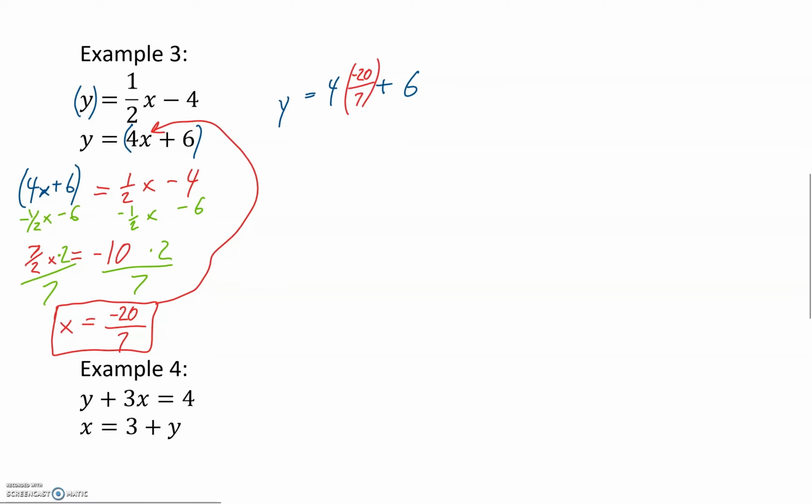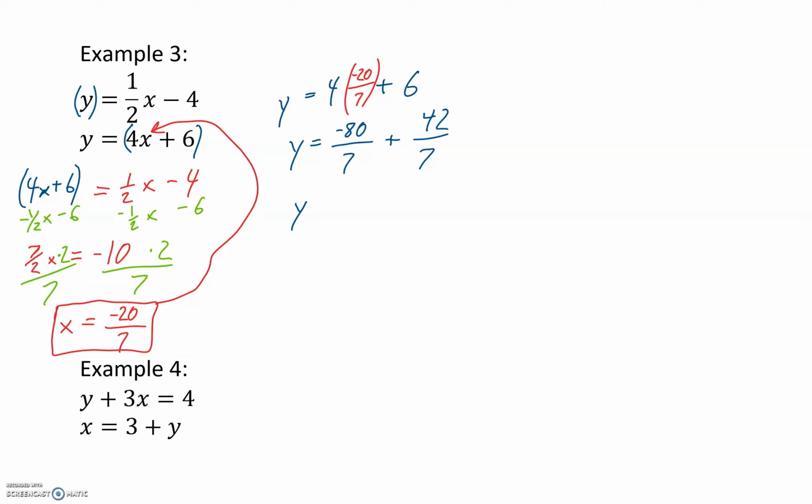So now that we have that, we can solve it for y. So y equals, and unfortunately this doesn't really solve nicely, negative 80 over 7 plus, and this will be 42 over 7.